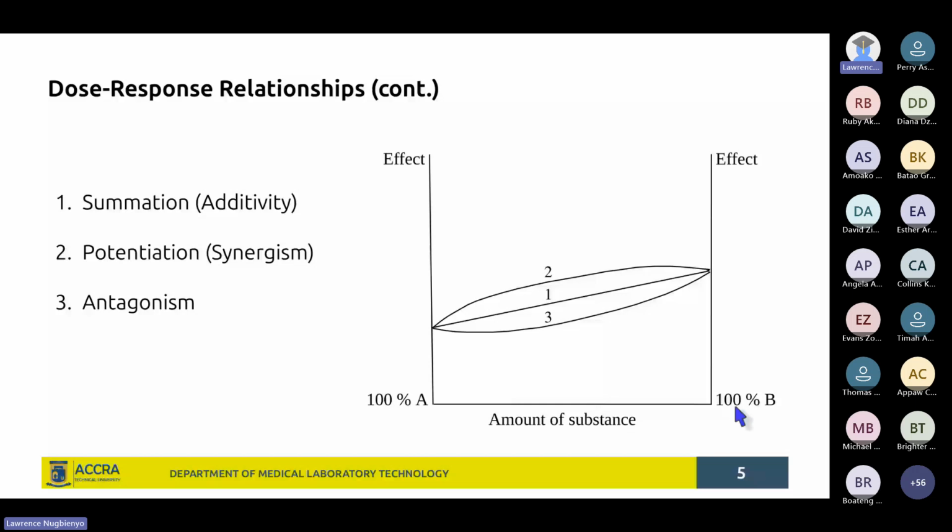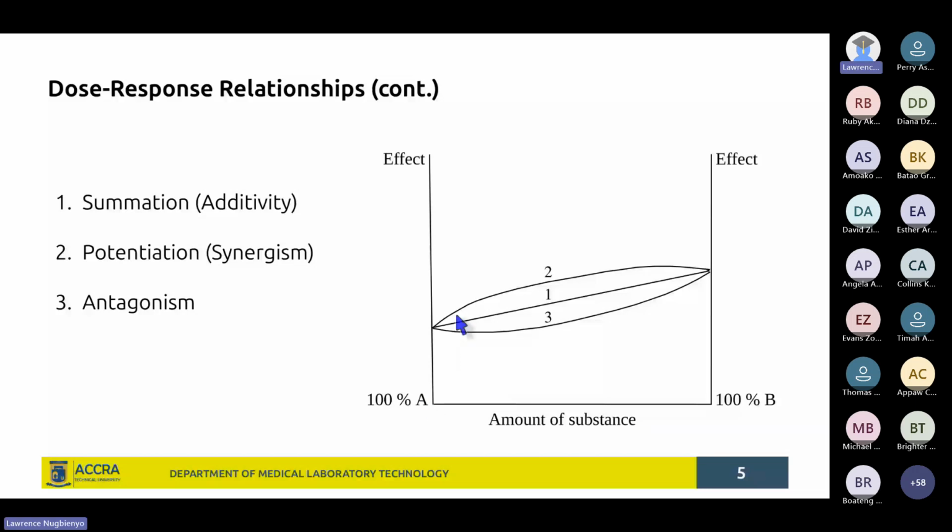Let's say that you have substance A, which is having a therapeutic effect, and substance B, which is having no therapeutic effect. Even though substance B has no therapeutic effect, when you introduce it in the presence of substance A, it increases the effect of substance A. So that's what you are seeing.